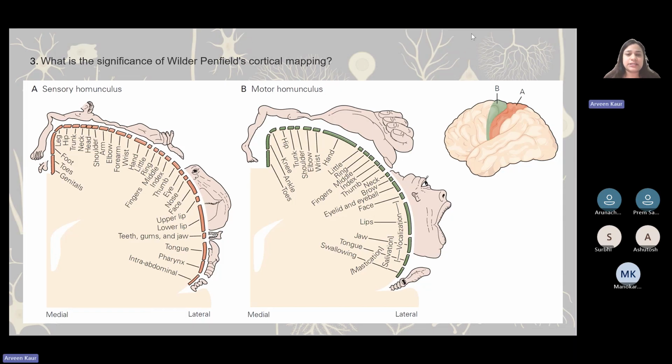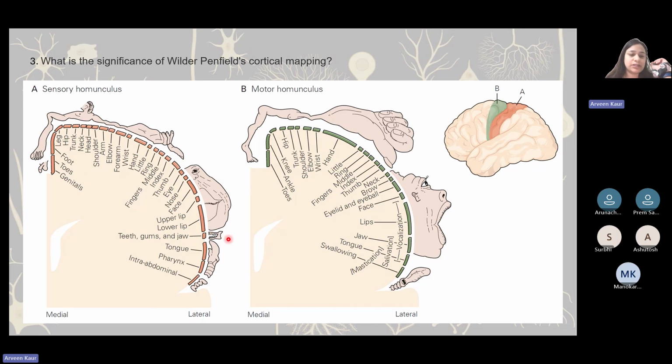So this is a representation of the sensory homunculus and motor homunculus, right? This is the primary motor area and primary somatosensory area. We will discuss these areas in the brain also. You can see that these are like two strips in the cerebrum lying almost next to each other. In the sensory homunculus, the lower lip has a huge area dedicated to it.